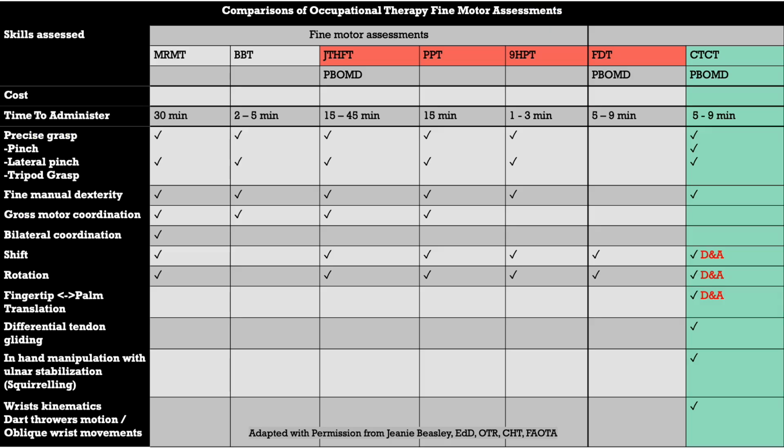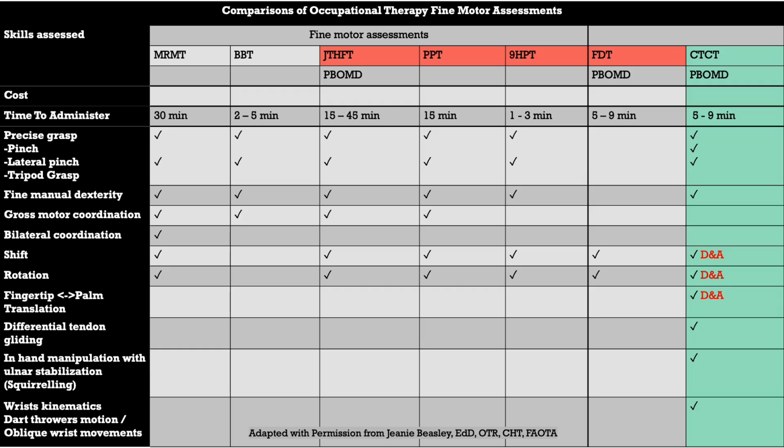In this adapted table by the Grand Valley State University Research Group, which compares favored dexterity tests with the Corbett Targeted Coin Test, it demonstrates the gap in dexterity tools is filled by the Corbett Targeted Coin Test. Summarily, Duff and Aaron also noted in their article that in coin manipulation from palm to fingertip, all 3 in-hand manipulation skills can be observed.